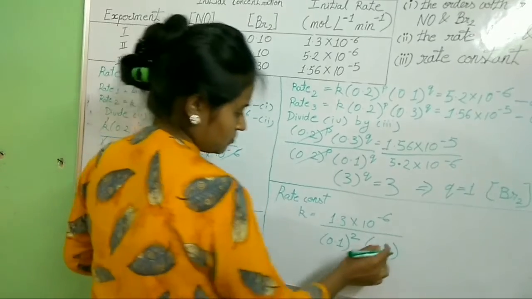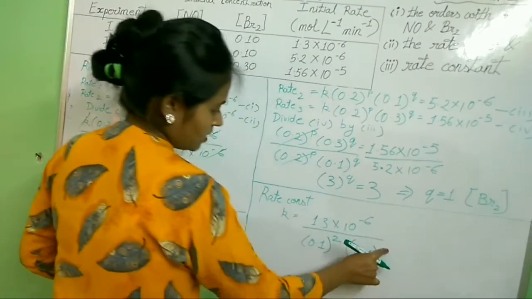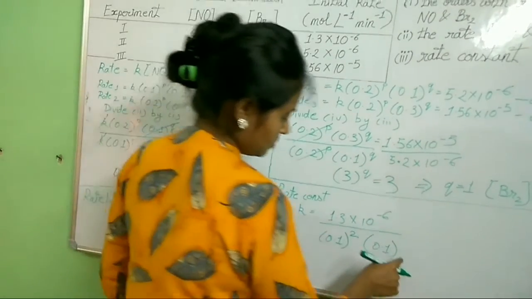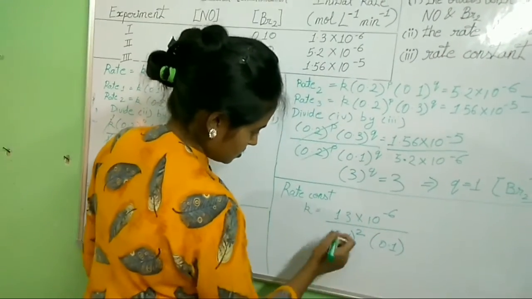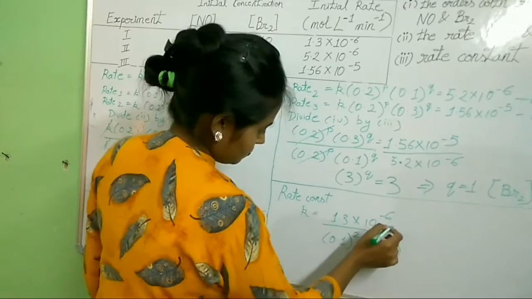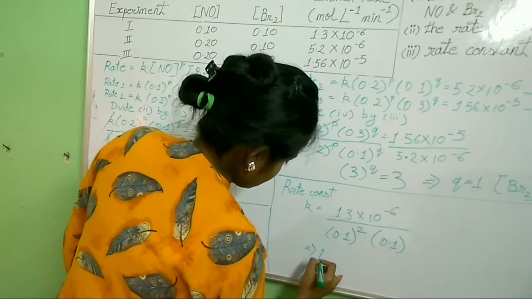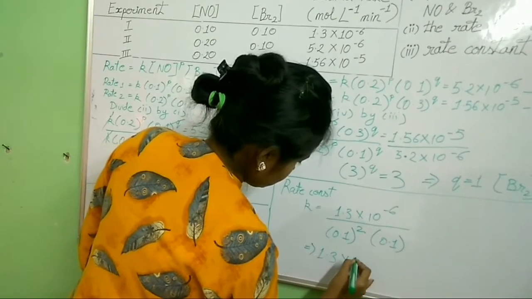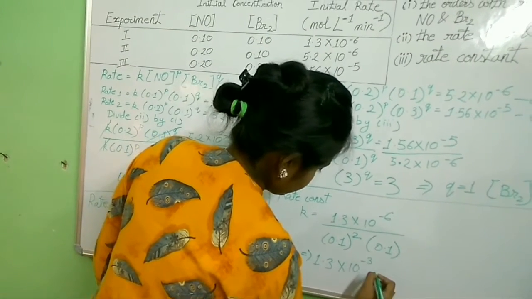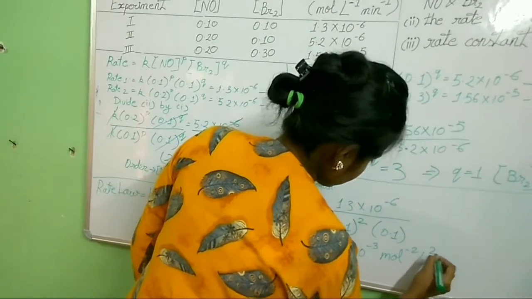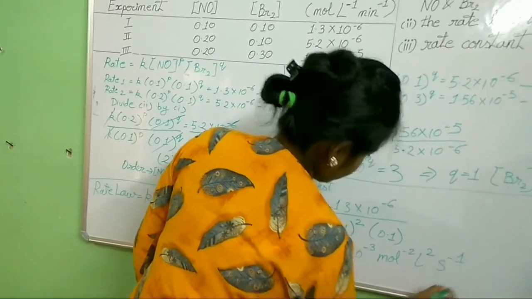Order for Br2 is 1. So 2 plus 1 is 3. Order of reaction total becomes 3. So the unit will be for a third order reaction. Now if it goes up, it will be plus 3. So the answer will be 1.3 into 10 to the power minus 3 mole minus 2 liter square second minus 1.